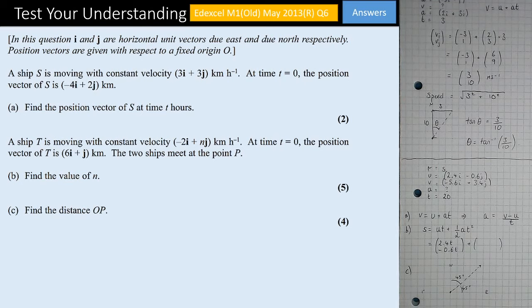And then later on, we've got a ship t moving with a different constant velocity, at a time t equals 0 the position vector is 6i plus j, and two ships meet at a point P. We want to find the value of n and find the distance of O to P.